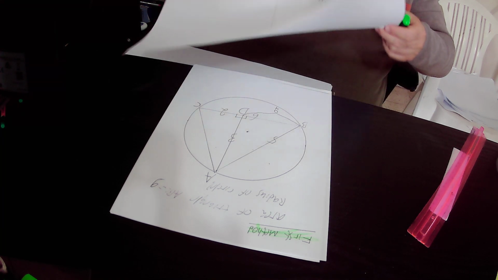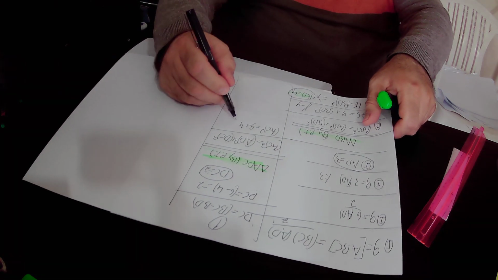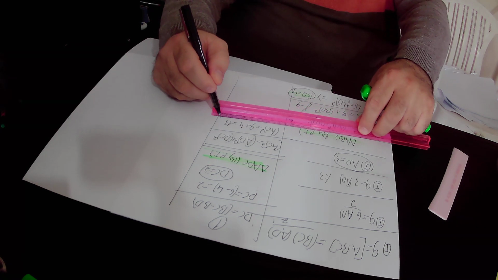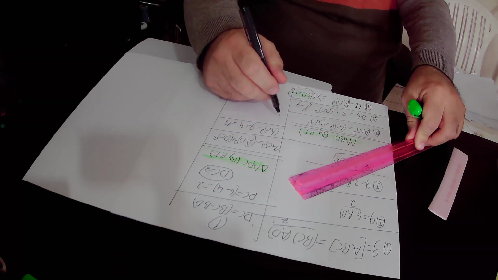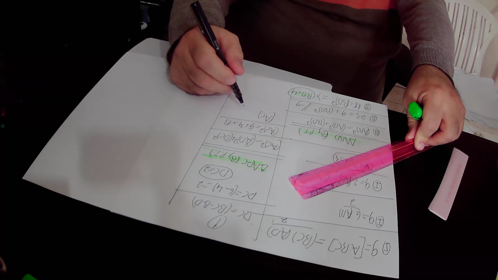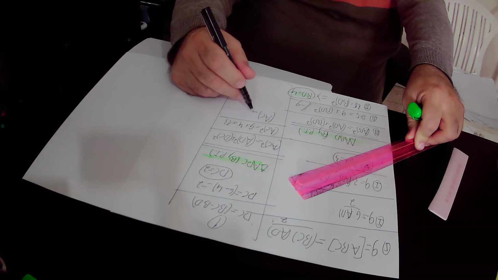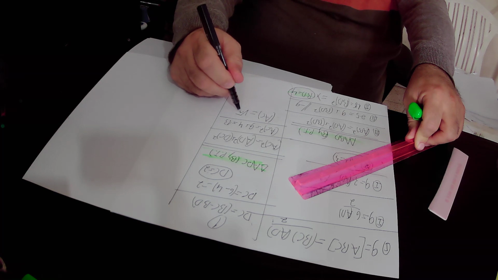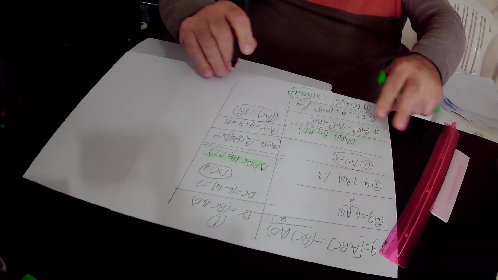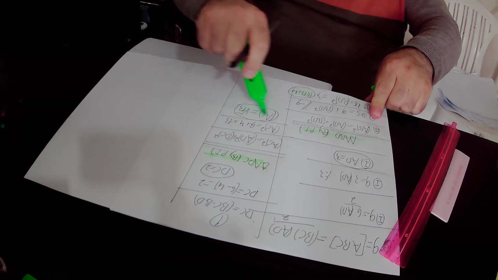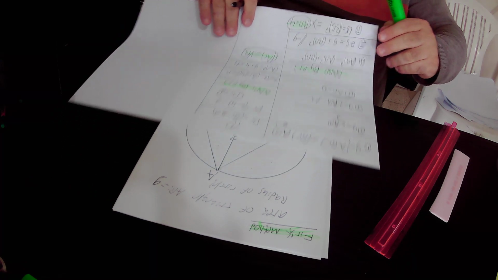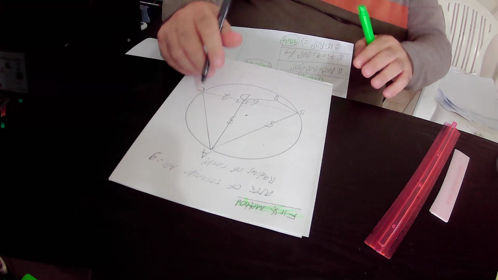So in conclusion, we found that AC squared equals 9 plus 4, that is 13. Here we take a root of this equation, and we get that AC, the missing hypotenuse, equals the square root of 13 units. So we can write here in the drawing that AC equals the square root of 13 units.